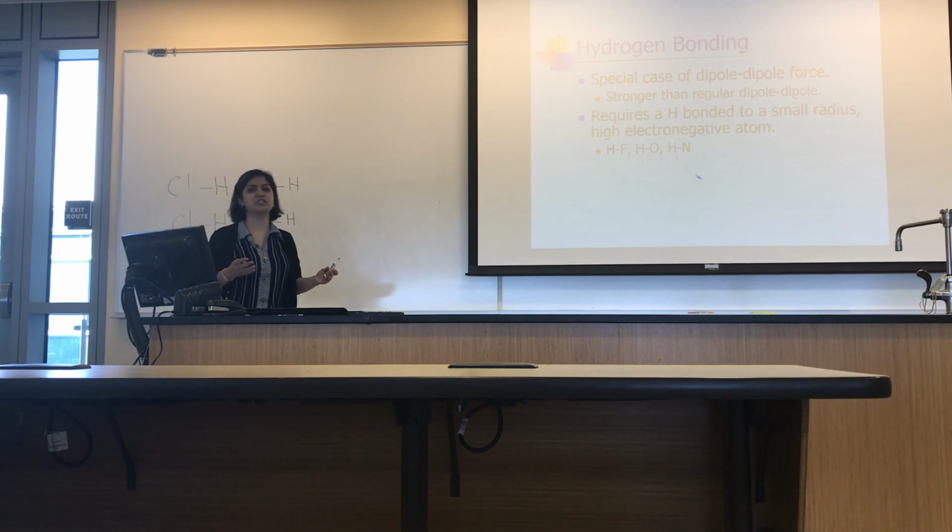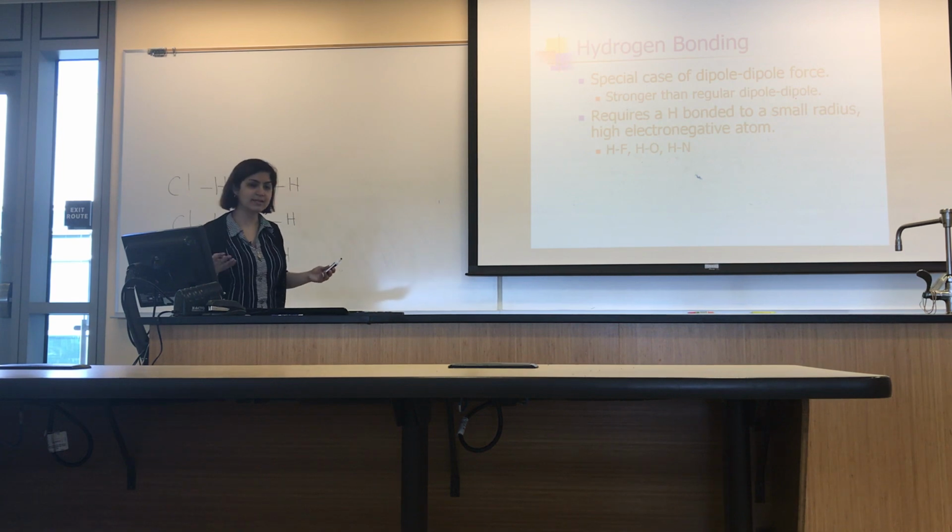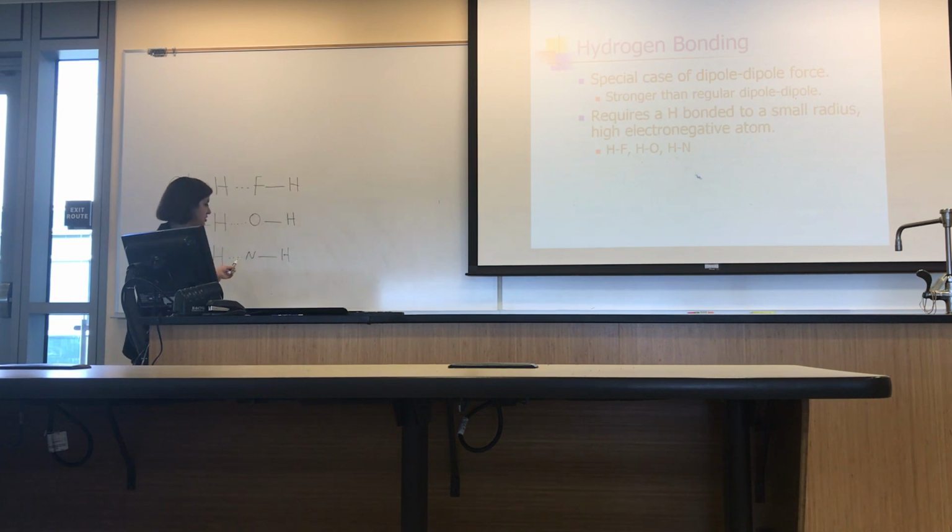Usually, to differentiate it from covalent bonding, we show it with a dash, and we know that each of these has a lone pair, so they can have interaction between the lone pair of one molecule and hydrogen in another molecule.